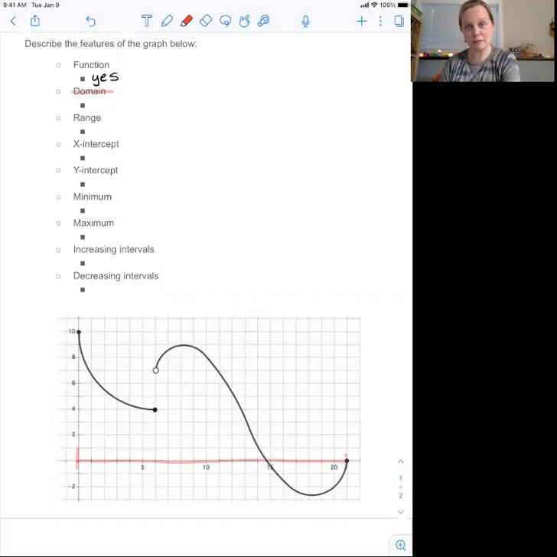It looks like on an interval that's going between 0 and 21. So I'm going to write that in interval notation up by my domain. That would be including the point 0 all the way up to the point 21 and including that point as well. So there's our domain.